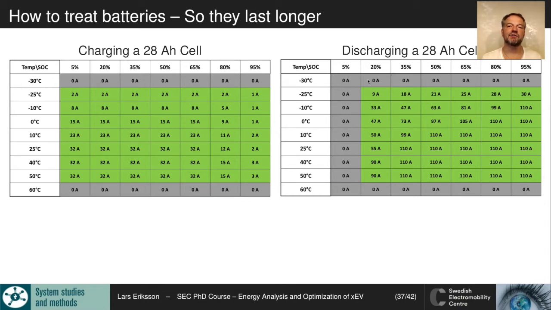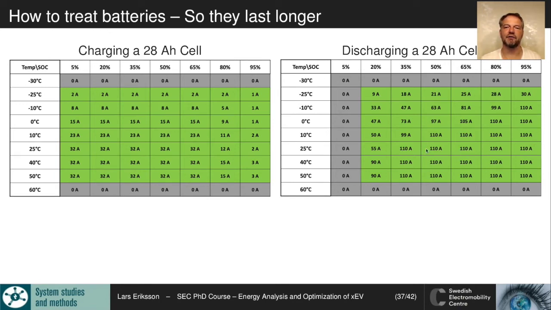When we come to the discharging, it's a little bit the same, but this battery can take out 3C in discharging when we are up here. But when the temperature drops, we are not allowed to take out much more current, especially not when we are down at low state of charge. This is how you should treat the batteries.